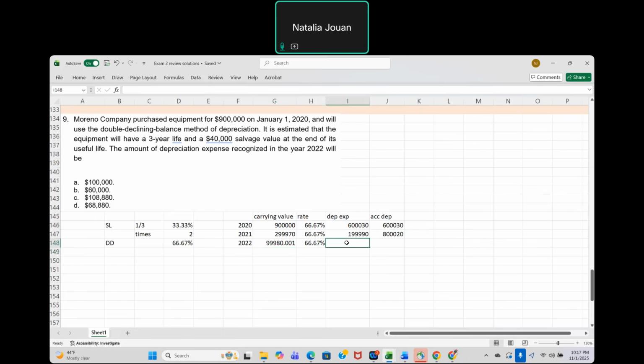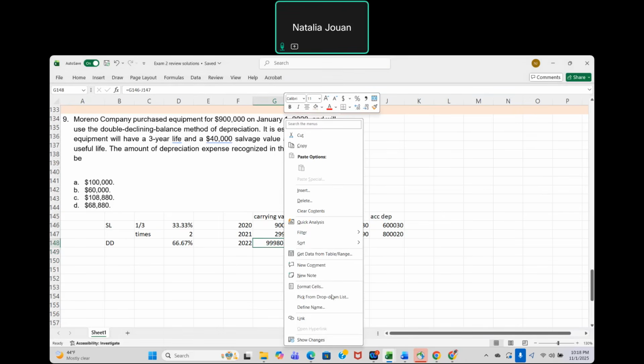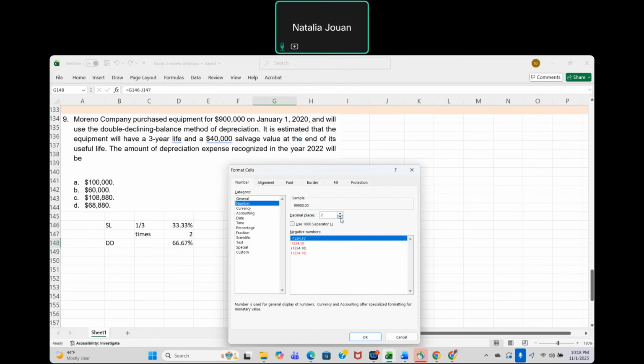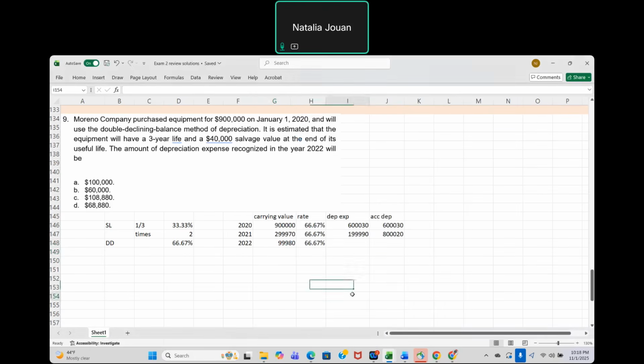Let's do it here. Okay, we cannot depreciate the salvage value. So the depreciation expense would be, let me fix this, I don't want any decimals. The depreciation expense is the carrying amount minus the salvage value.